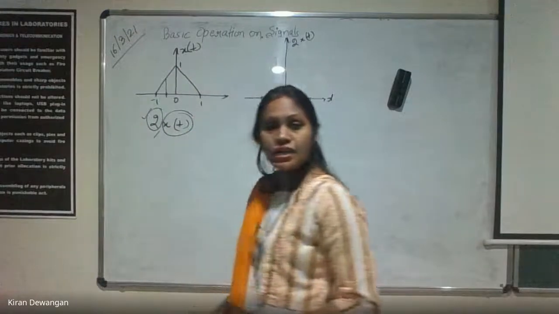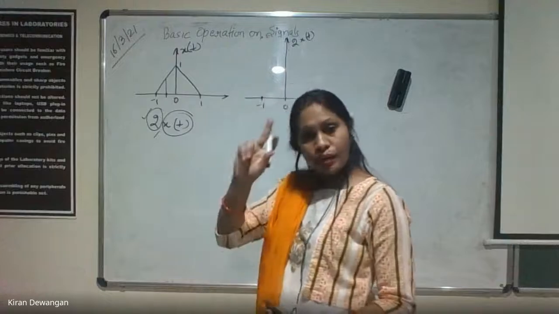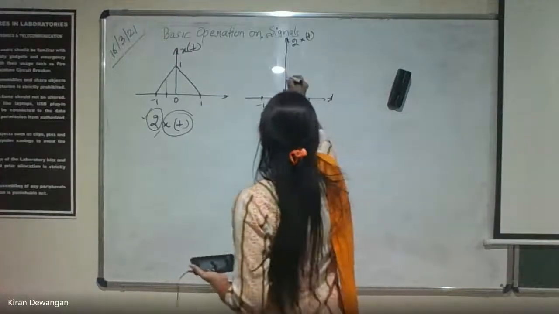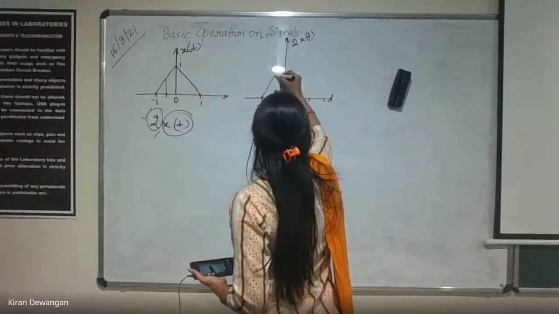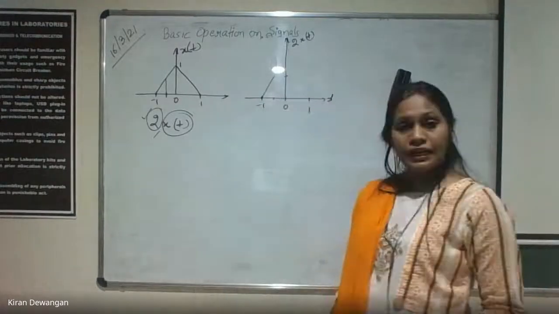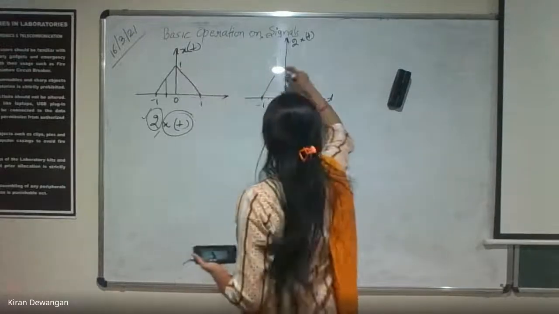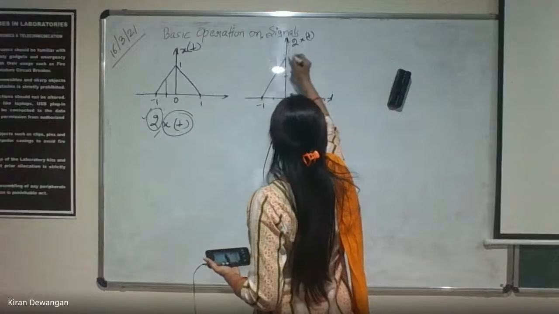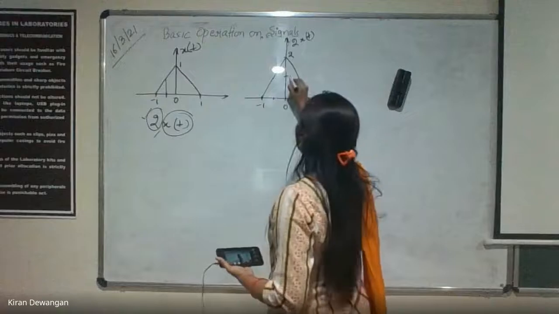Let us take it as 1/2. Now 1/2 when multiplied by 2 it will be 1. So at this point it will reach somewhere here. Clear? Now at 0 the value is 1, so it will be 2, and this is how the plot would be.